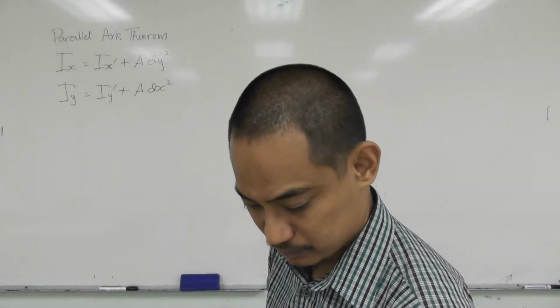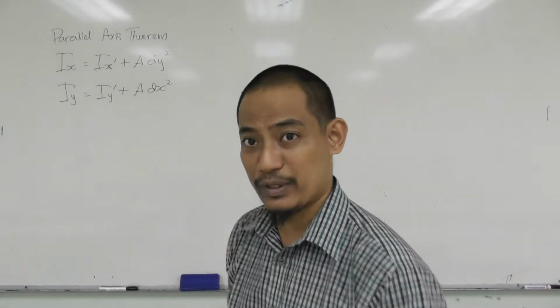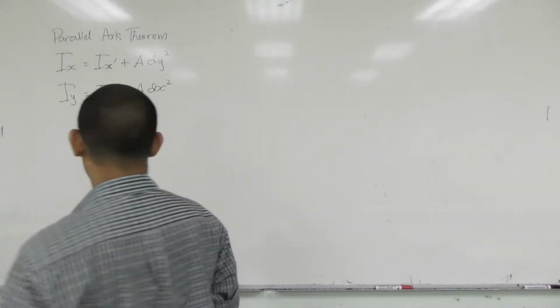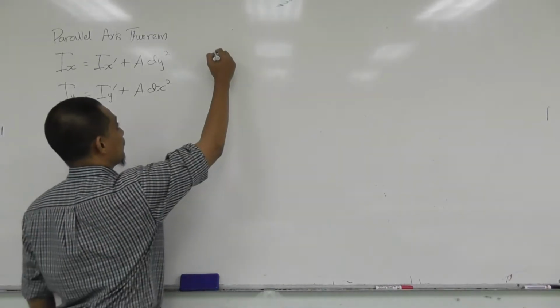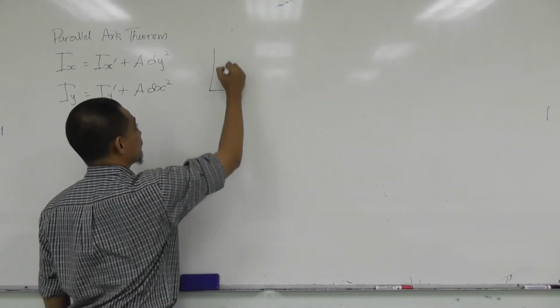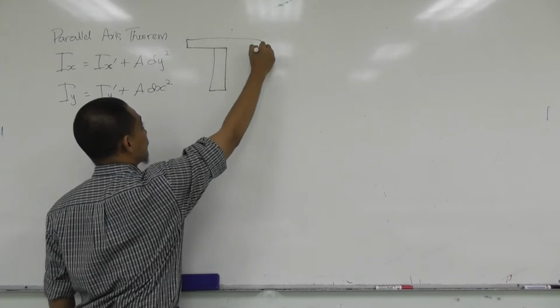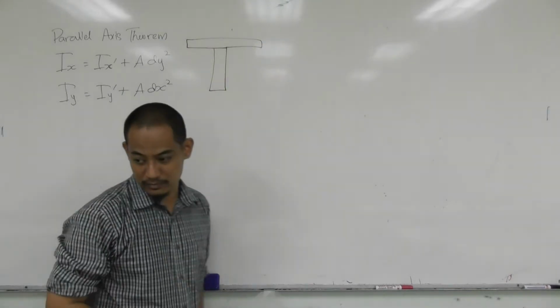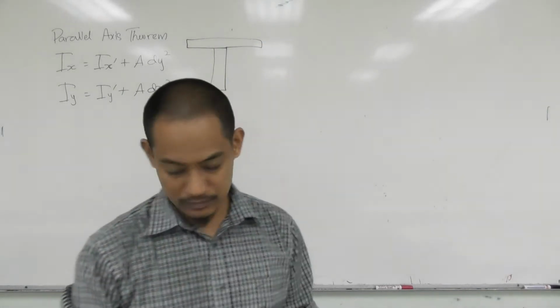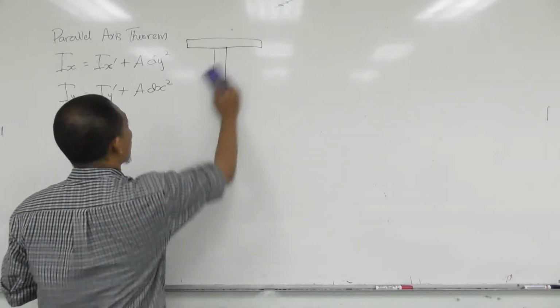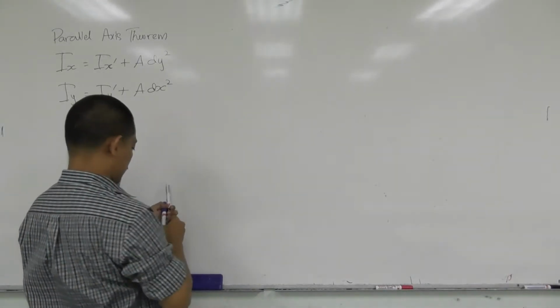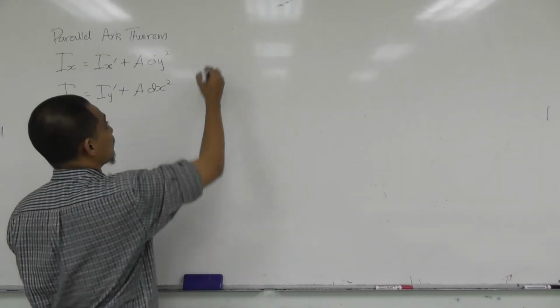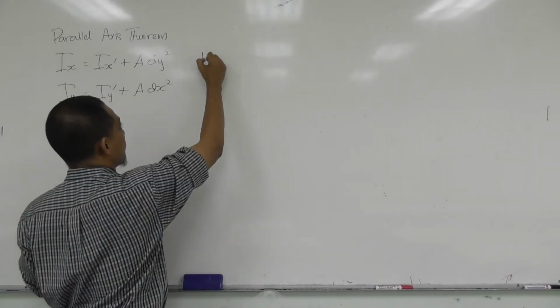So for this shape, what we have is a combination of, okay, I will draw something like this, right? I use blue.